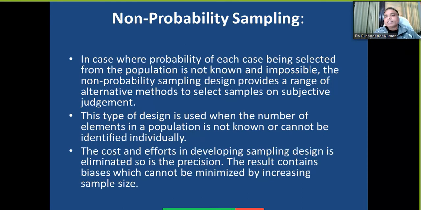So the cost and effort in developing a sampling design is eliminated, and so is the precision. The result contains bias which cannot be minimized by increasing sample size. So here the information we collect would not be very precise. Here we would be a bit biased, right? Precision is not possible here.